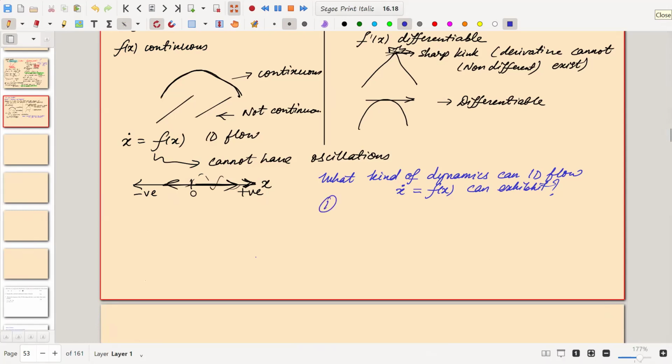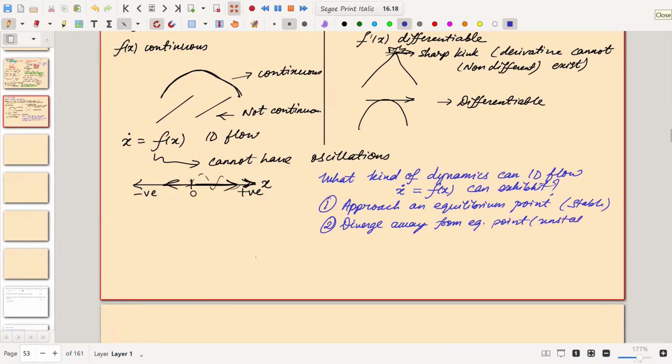It can either approach an equilibrium point, which means it is a stable equilibrium point, right? The second thing it can do is diverge away from the equilibrium point, and that is unstable.